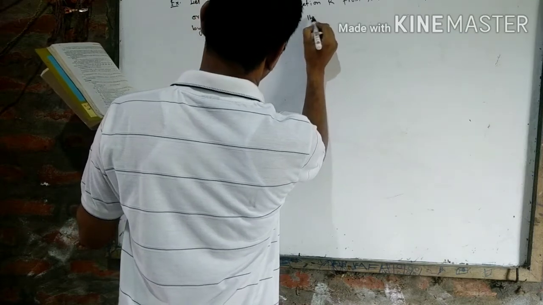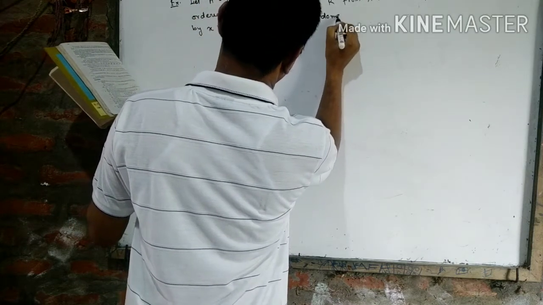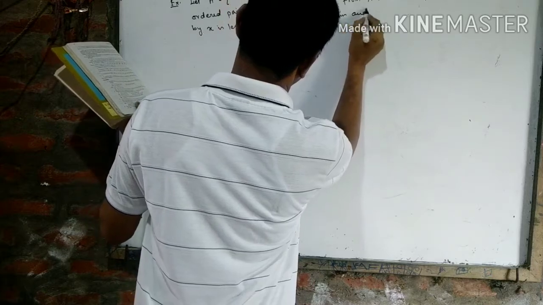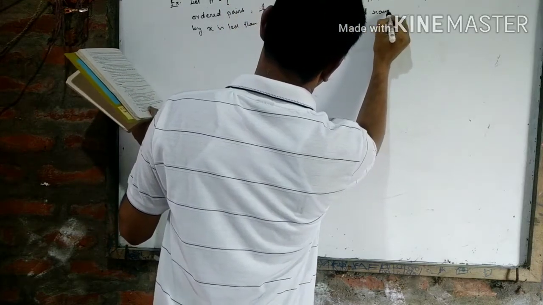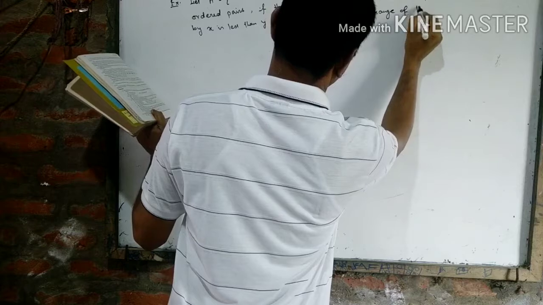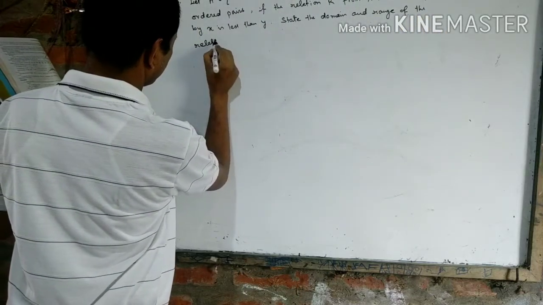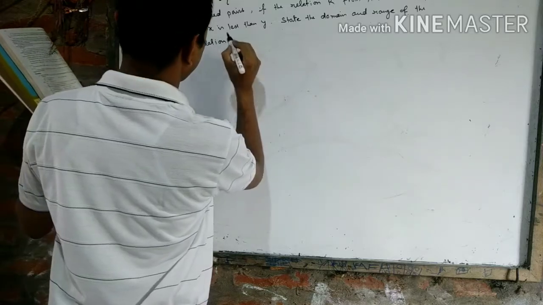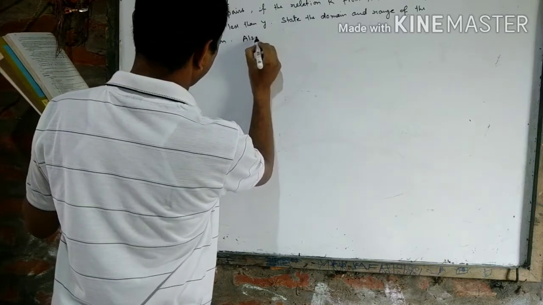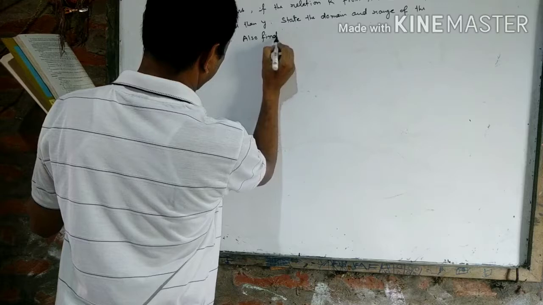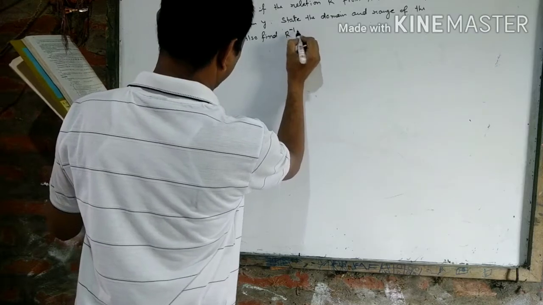State the domain and range of the relation. Also find R inverse.